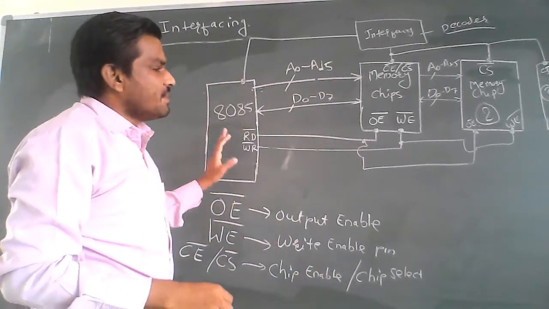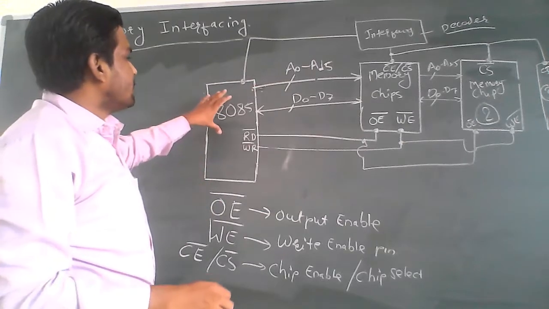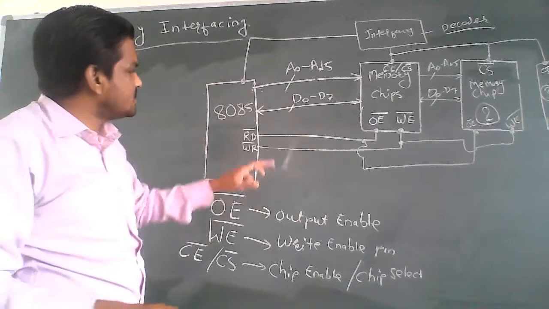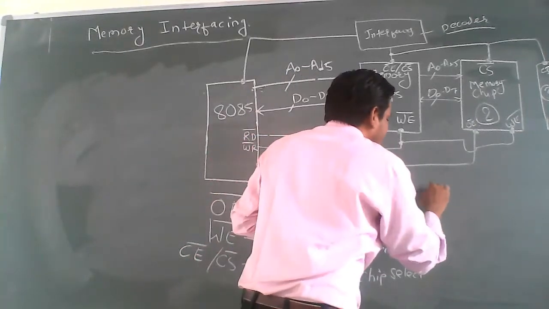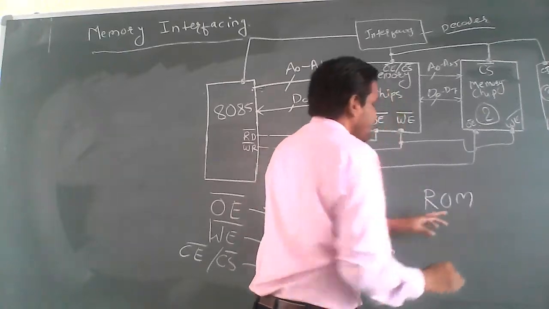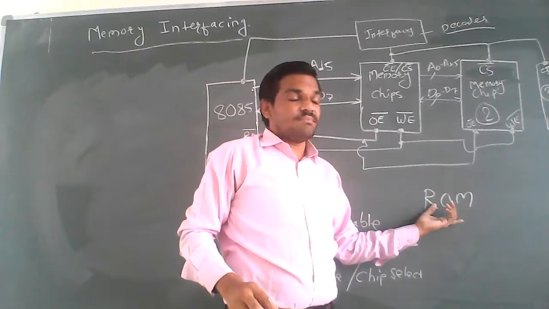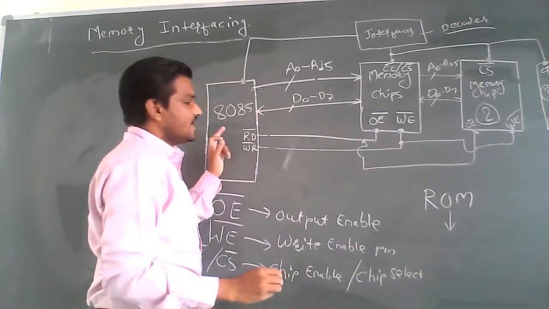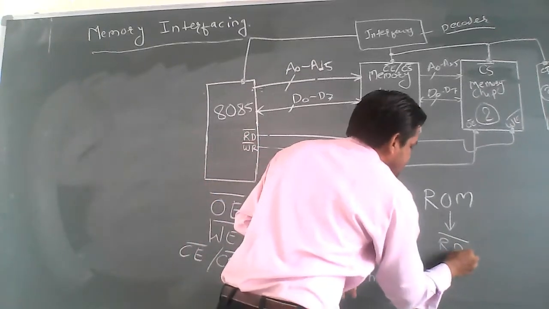Remember what important thing is that whenever you want to connect 8085, we have control signals, that is your reading operation and writing operations. When I have read only memory, I must connect the RD bar.